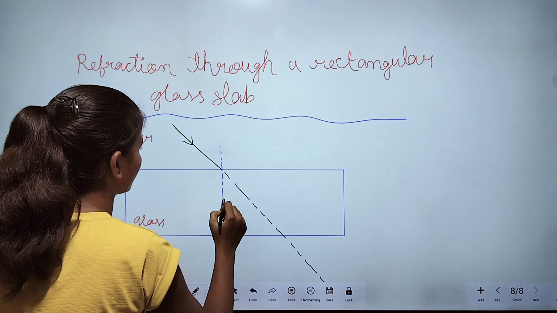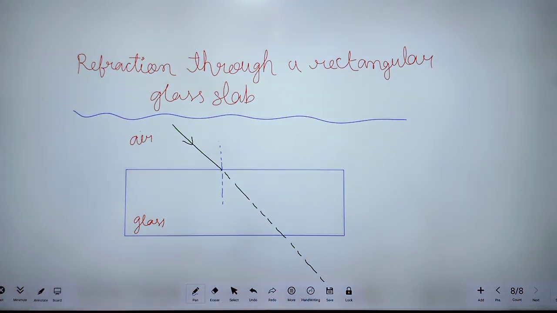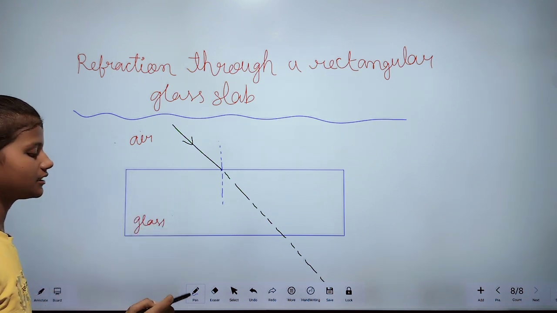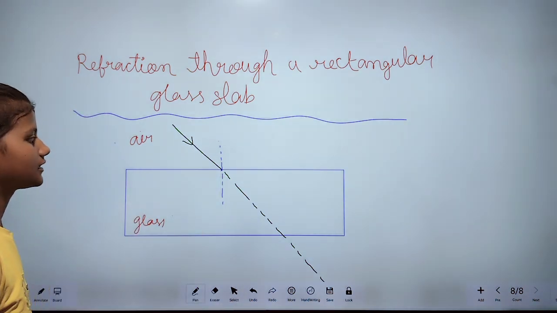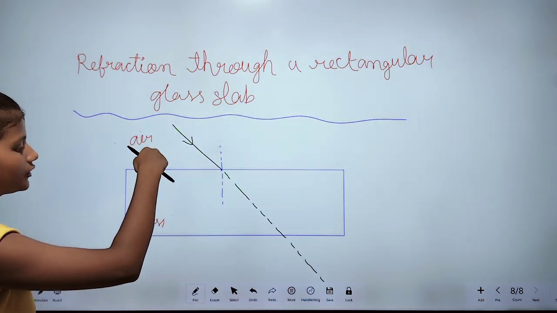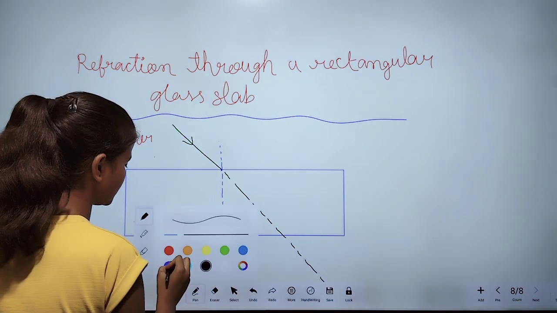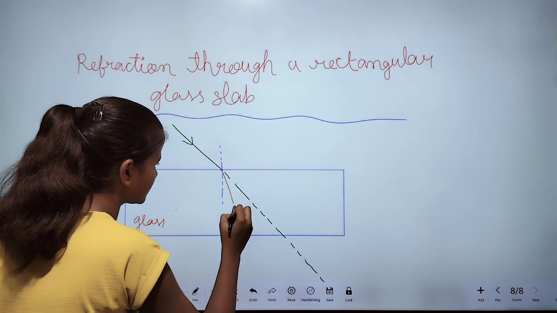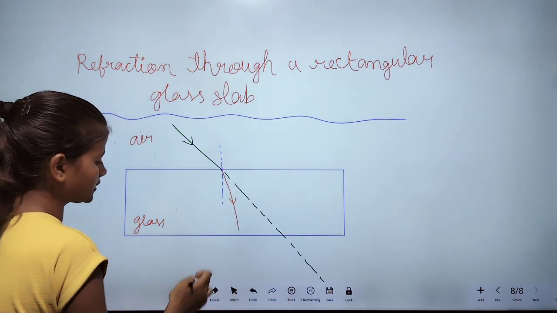This one is our normal to the point of incidence, this one is the rarer medium, and this one is the denser medium. Here you can see that the light ray goes from rarer to denser, so it bends towards the normal, like this.